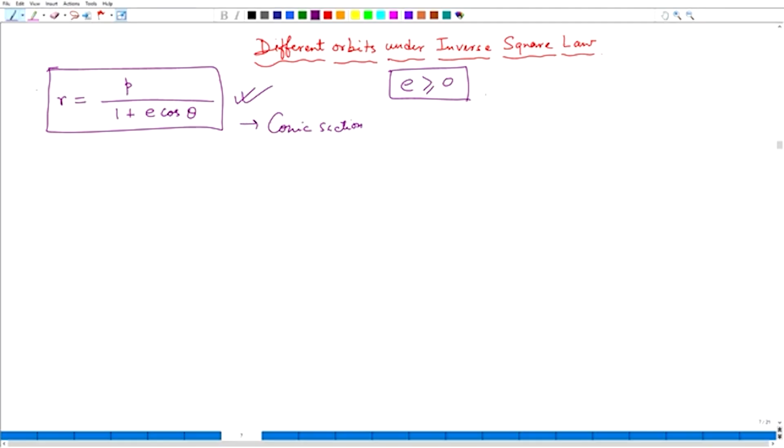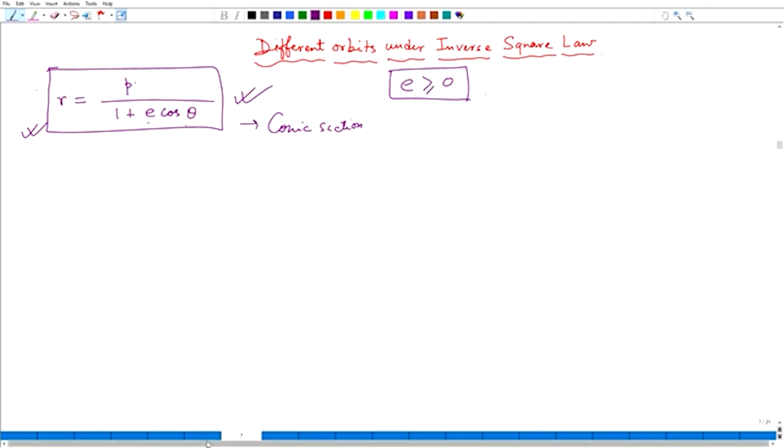Now, I am taking this equation once again, which we can also show from the Binet equation or any other correct way: r is equal to p by 1 plus e cos theta. Here e is the eccentricity, p is the semilatus rectum, and they are simply related to the constants of motion, so they are also constants.